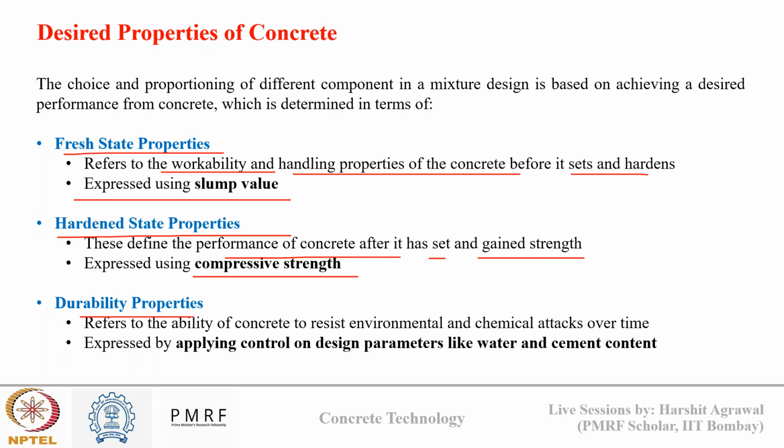And in durability properties, we refer to the ability of concrete to resist any environmental attack over time. These are expressed by applying control over design parameters like water and cement content. Okay, so each set of properties that we want from concrete is desired in terms of a strength indicator or a representation.